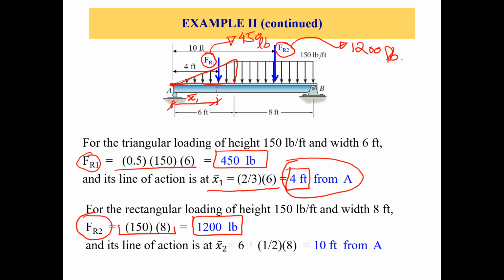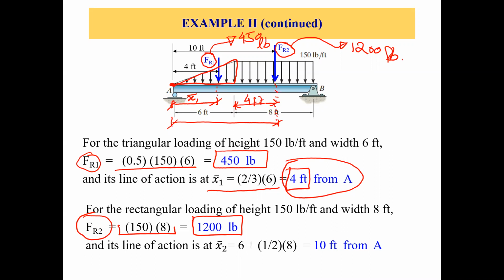Now we need to find this x2 bar, right? What is the point of action of this force FR2 on the beam? And from point A, because we'll be taking moment at point A, let's take everything from point A, right? From this point, the location is half of the length. So length is 8 feet, so from this point, this is 4 feet.